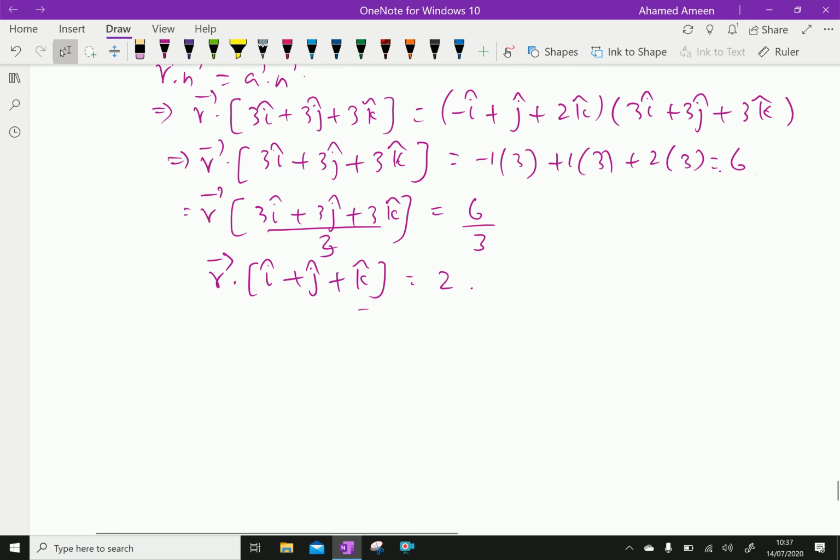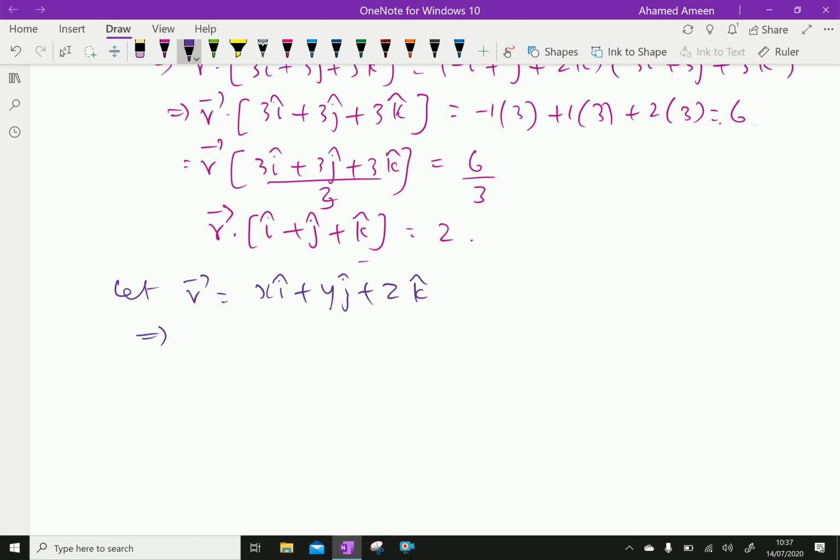We will do the Cartesian equation. Now let r vector equal xi plus yj plus zk, which gives xi plus yj plus zk dot i plus j plus k equal to 2.